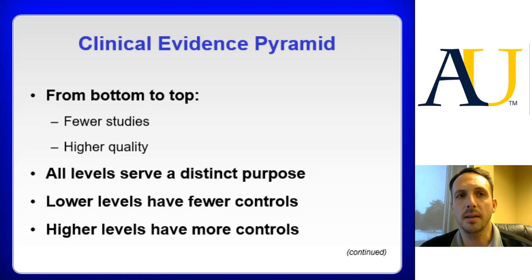Obviously, as you eliminate variables, you get more and more specific, which means you can be testing less and less. And so with that, it inherently means that there will be fewer of those studies. While at the same time, we also need to understand that each level is going to have its overall strengths and weaknesses and have a specific purpose associated with that. And we'll see that it's not always possible to have the highest level of evidence in every situation. And so we need to be somewhat understanding of that.